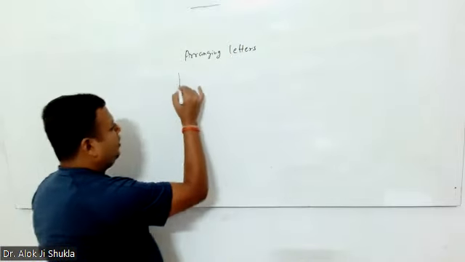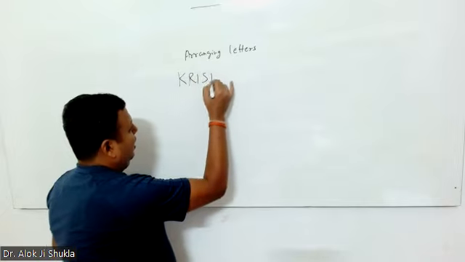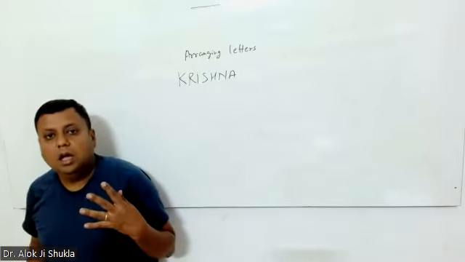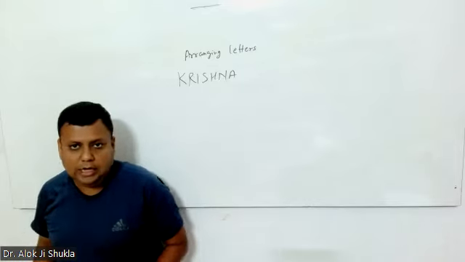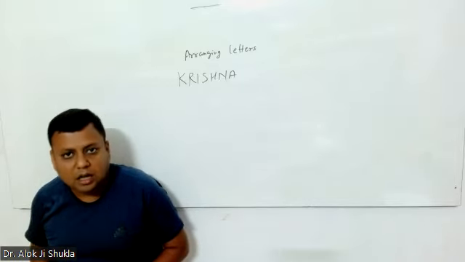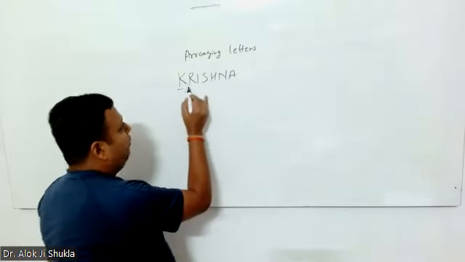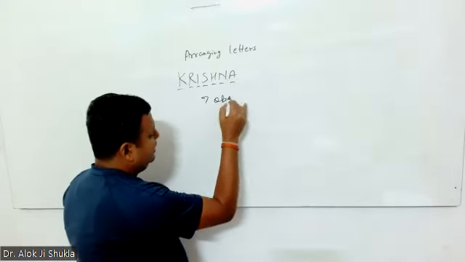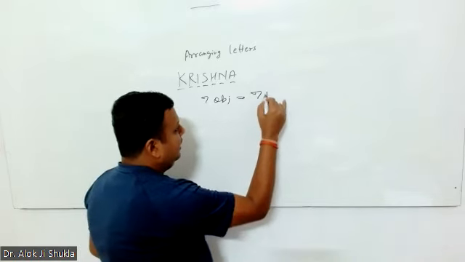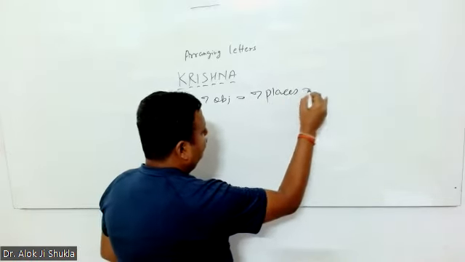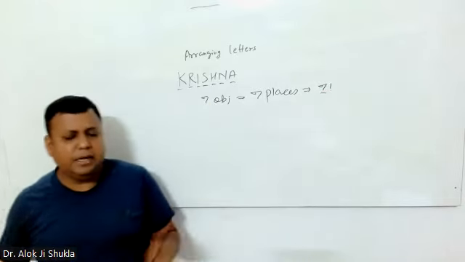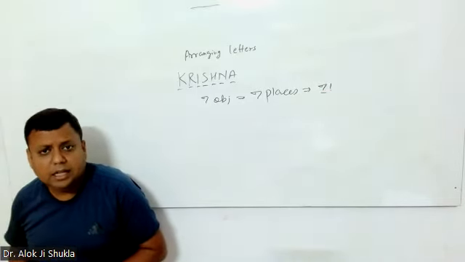So suppose my name is Krishna, and if I have to arrange all the alphabets of Krishna, then I have 1, 2, 3, 4, 5, 6, 7 objects, and I have to place them at 7 places. So the number of ways is 7 factorial. It's a pretty simple thing, we have already done.